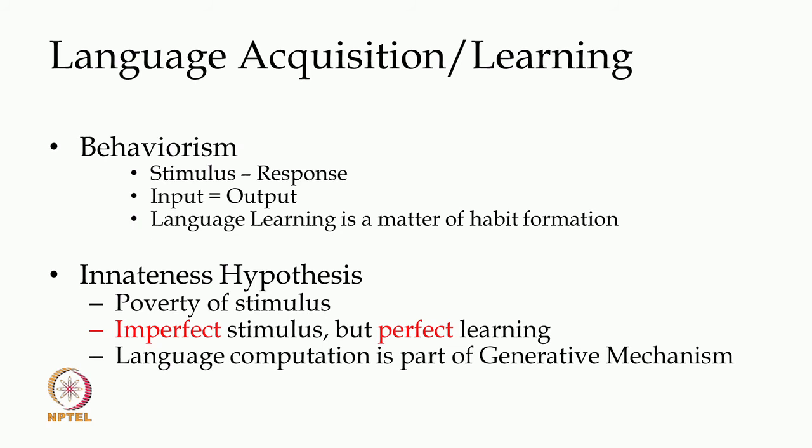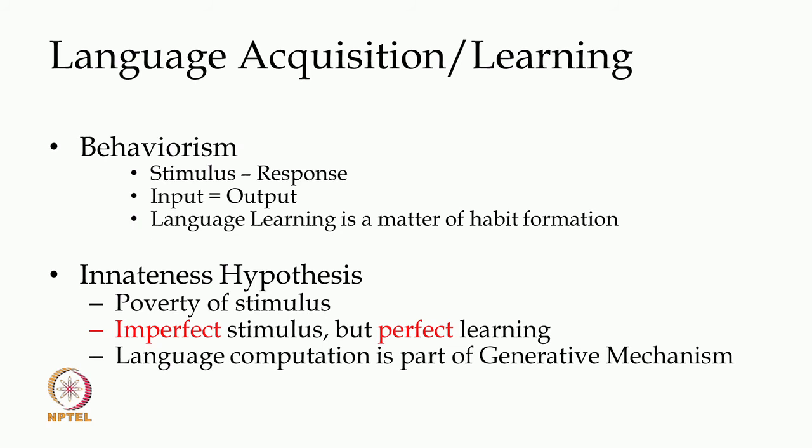Until the 1950s, late 50s, the learning of language was argued to have gone through the notions of behaviorism, what was called stimulus and response. So, the way to describe language learning was part of behaviorism prior to the late 50s. Let us look at two terms in language learning.